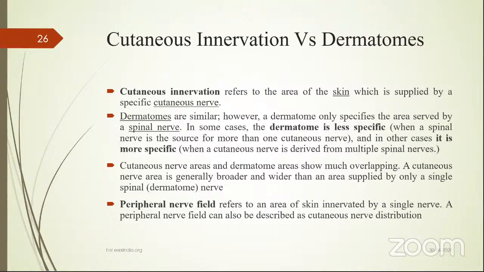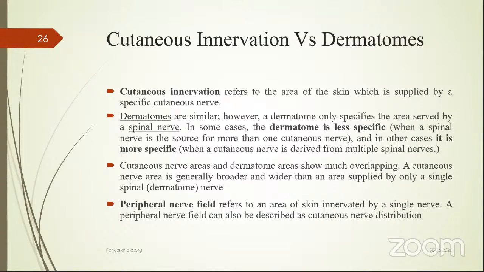So it is less specific. We can't say a particular area, less specific. If the spinal nerve is more the source of the problem than the cutaneous nerve, then importance given to the dermatome will be less.